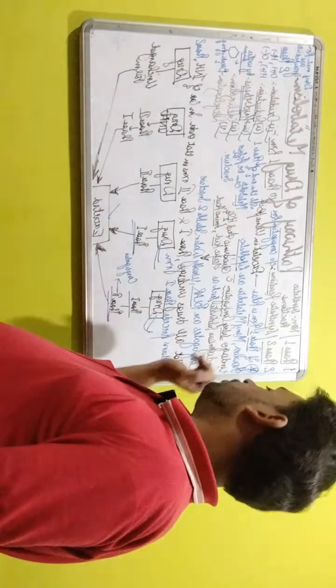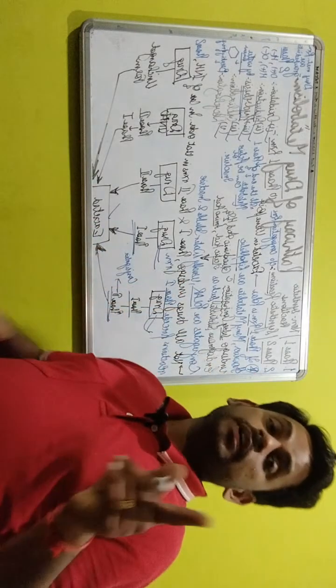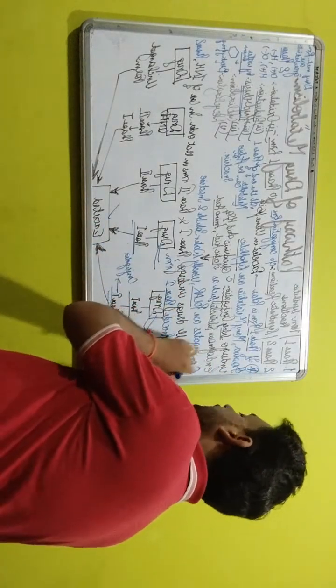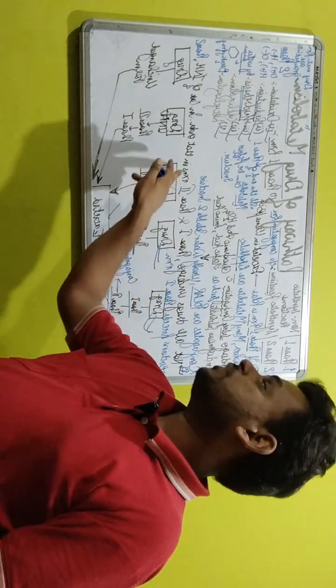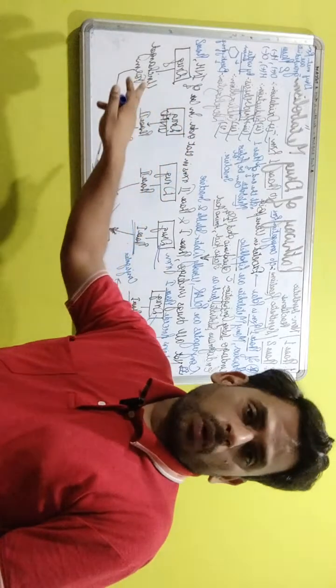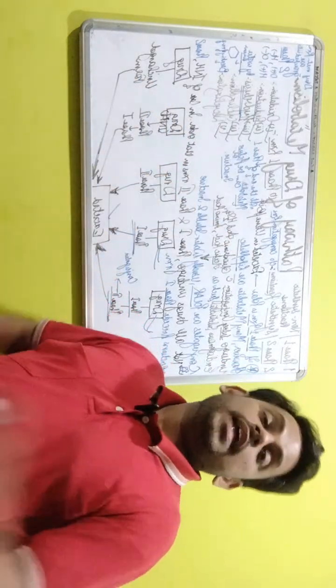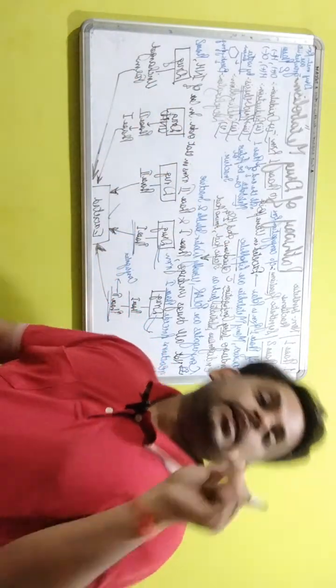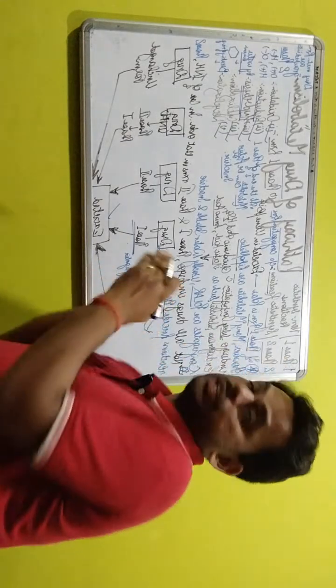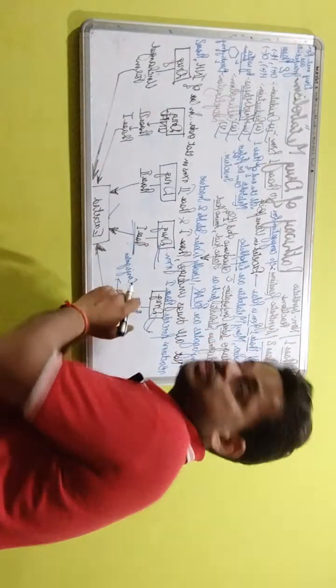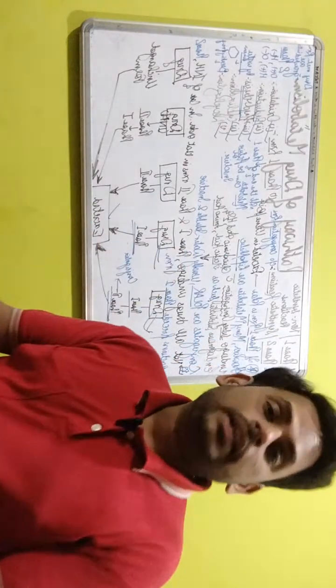Now, do remember, this is very, very important: not all drugs undergo phase 1 and phase 2 reactions in that order. It is not necessary that all drugs first go through phase 1, then phase 2, and then are excreted.